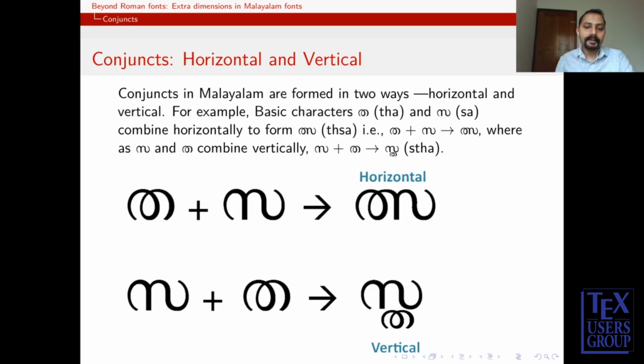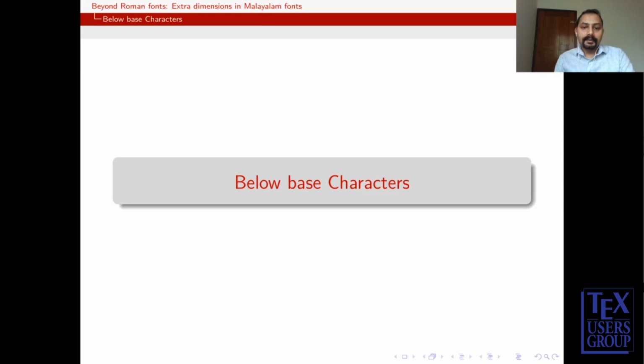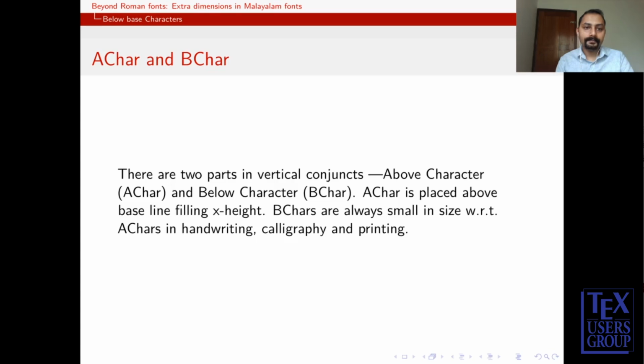And Malayalam has a number of vertical conjuncts which we call, for the sake of explanation here, below base characters. For this discussion, we use this terminology called A-char and B-char to denote above base character as well as below base character.